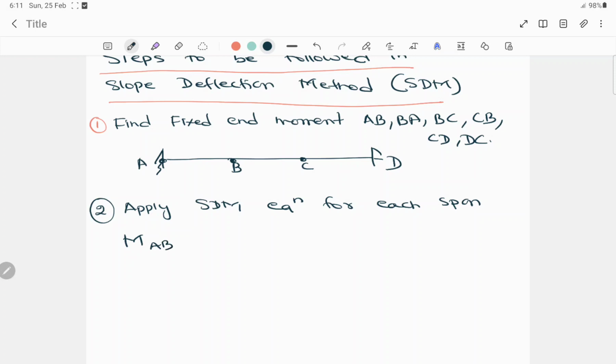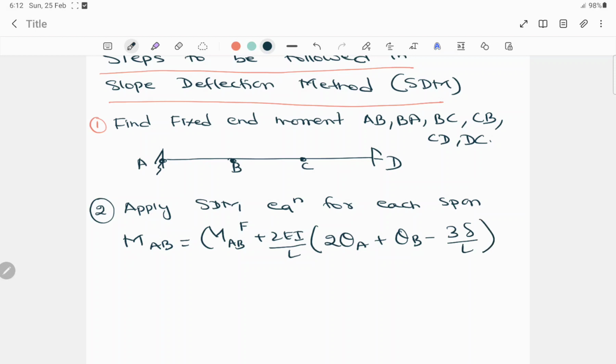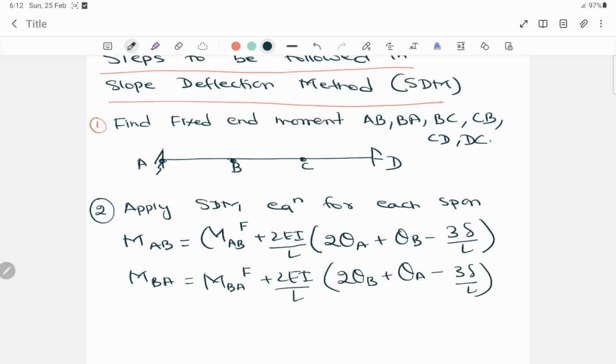That is MAB is equal to MAB fixed end moment plus 2EI by L into 2 theta A plus theta B minus 3 delta by L. So this is the slope deflection equation, and MBA is equal to MBA fixed end moment plus 2EI by L into 2 theta B plus theta A minus 3 delta by L. So in the second step we have to apply this equation for each span.